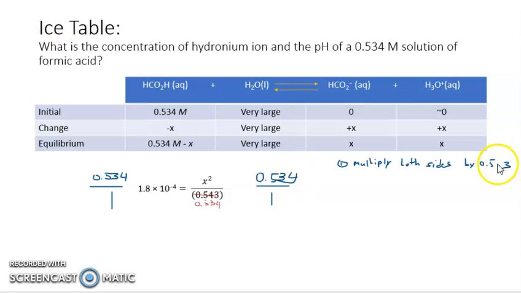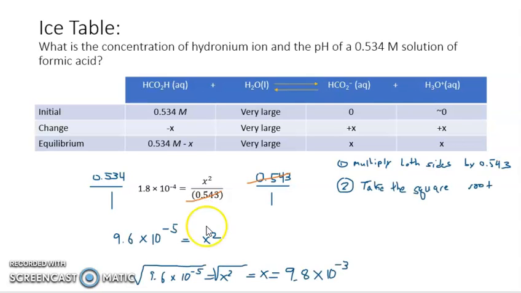So what we're going to do, this is just basic algebra. We're going to multiply both sides by 0.534. And the 0.5 terms are going to cancel.